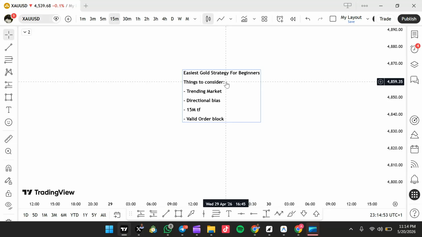So today I'm going to be showing you guys one of the easiest strategies to trade gold as a beginner.